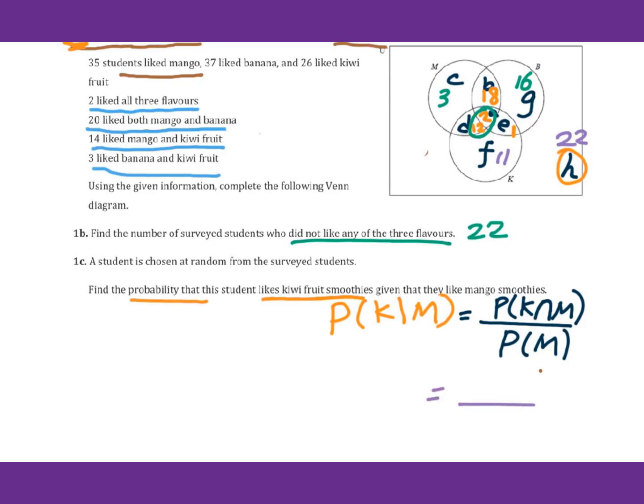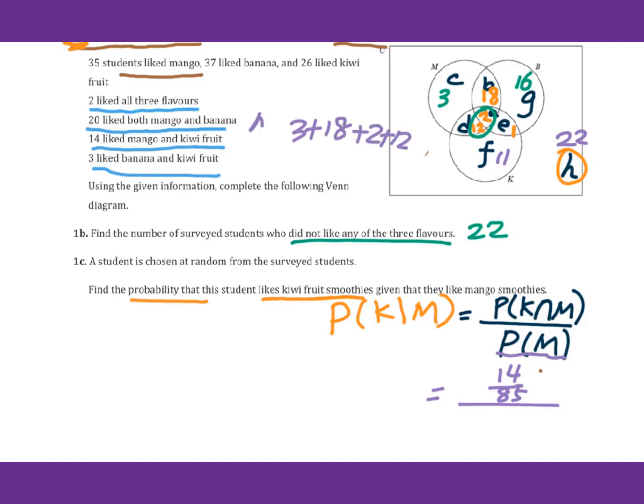Therefore, you will get probability K intersect M. It's 12 plus 2 is 14 over 85. Probability of this M, everything in M, you add 3 plus 18 plus 2 plus 12.